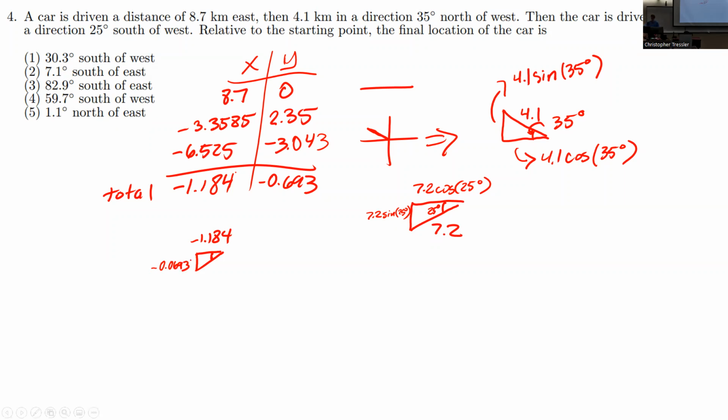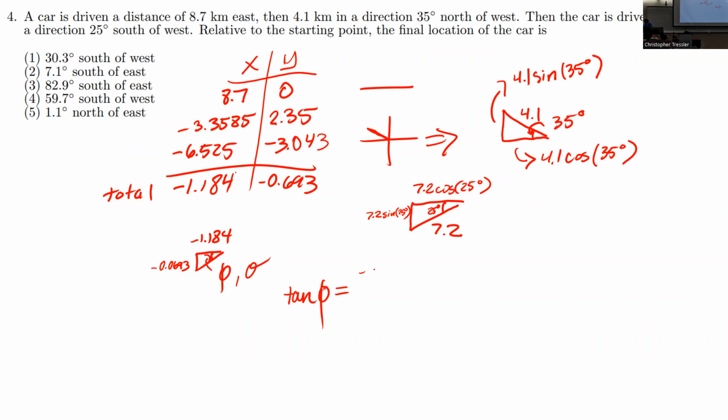All right, so if this is the angle we're looking for, which we could call phi, theta, it doesn't matter, we would say tangent, we'll use phi, equals opposite over adjacent.